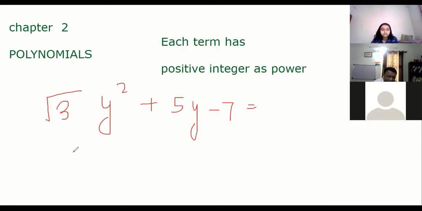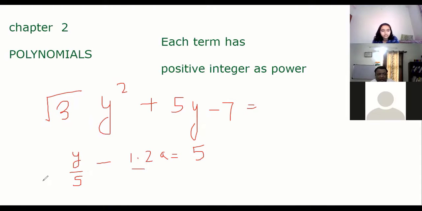Yes. Even if I say, Vasu, y divided by 5 minus 1.2 a equal to 5, tell me everybody, is it a polynomial or not? We have a decimal number as constant. We have 1 by 5 as a constant.